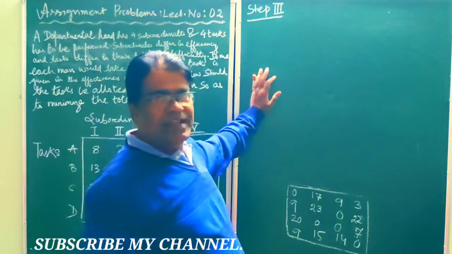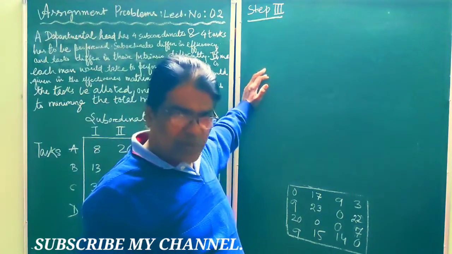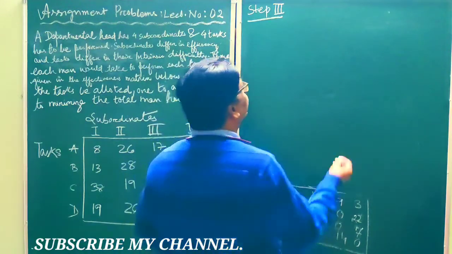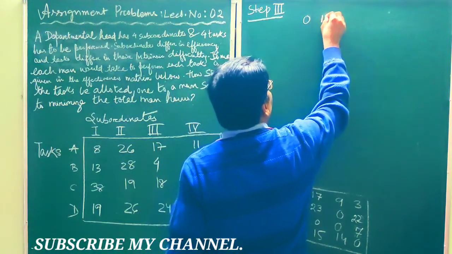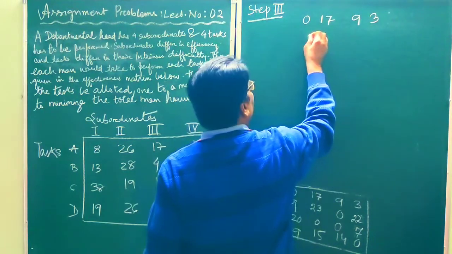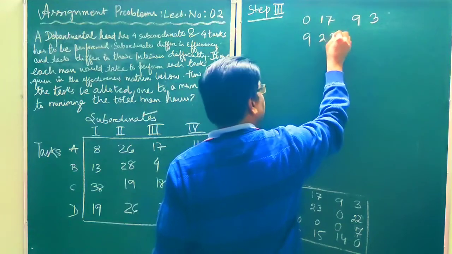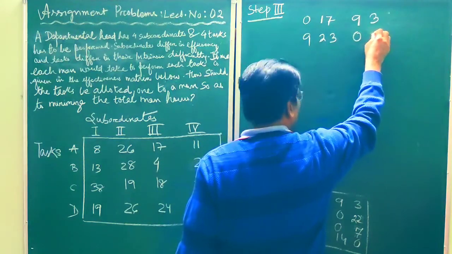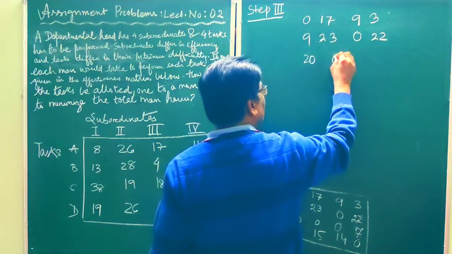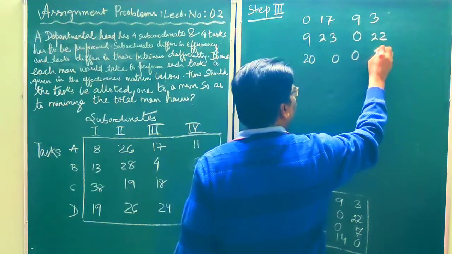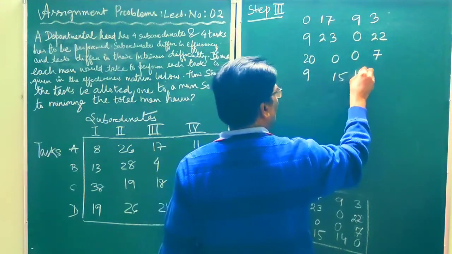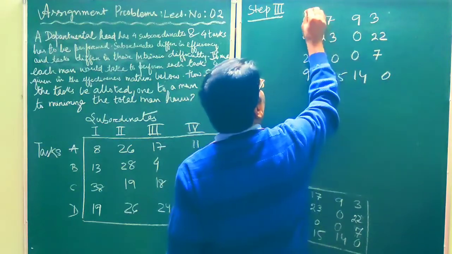Now we have 0, 17, 9, 3, 9, 23, 0, 22, then 20, 0, 0, 7, 9, 15, 14, 0.